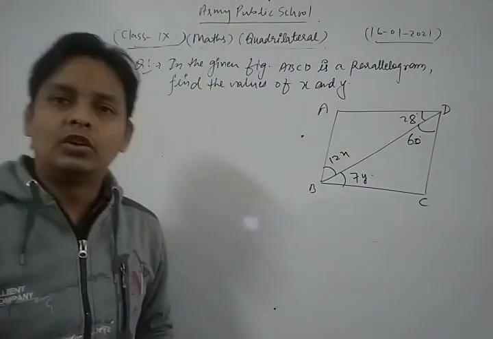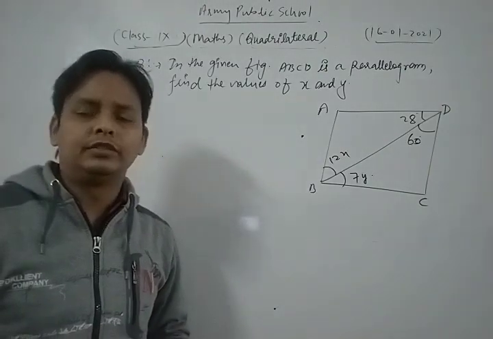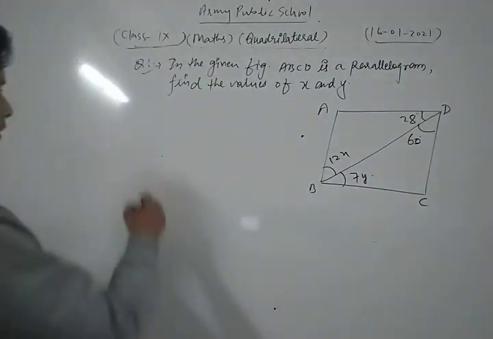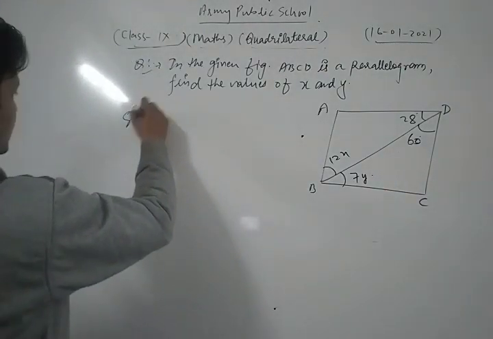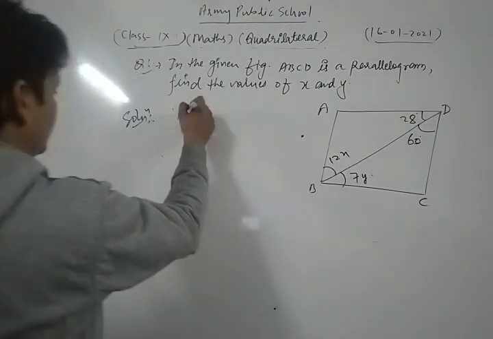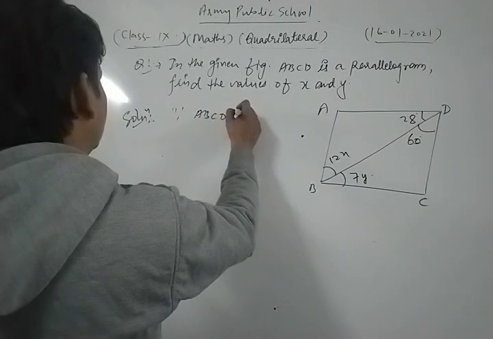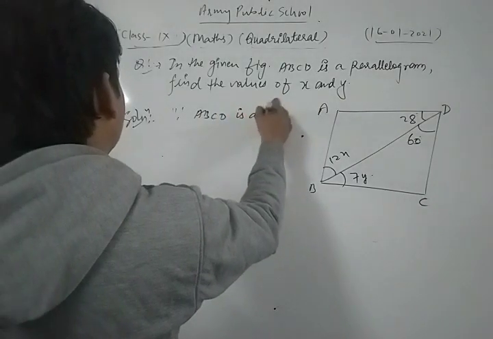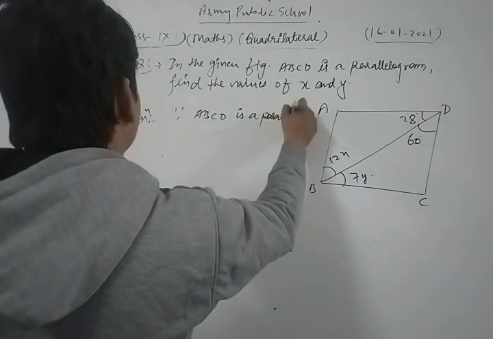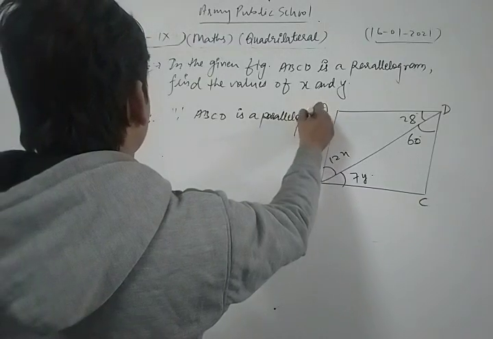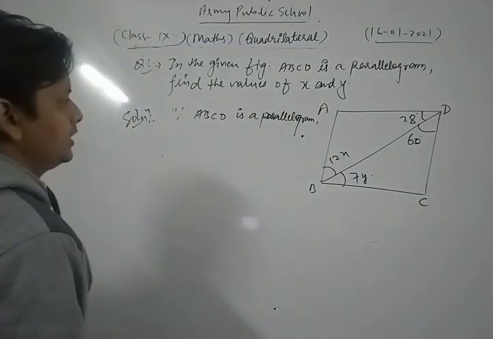Let's see. Now, since ABCD is a parallelogram and we need to find the values of x and y, let's see its solution. Since ABCD is a parallelogram.